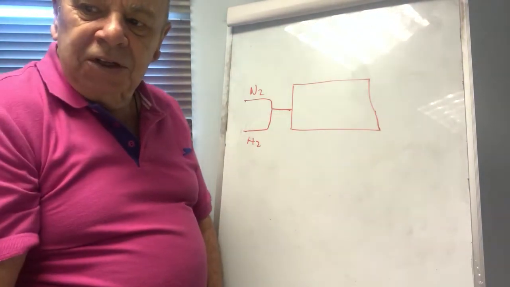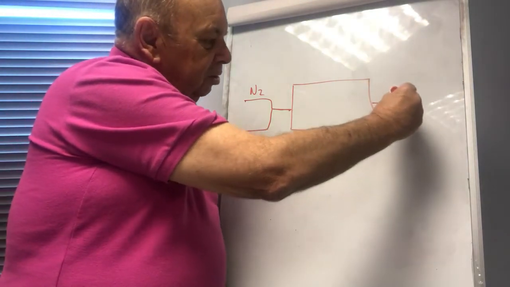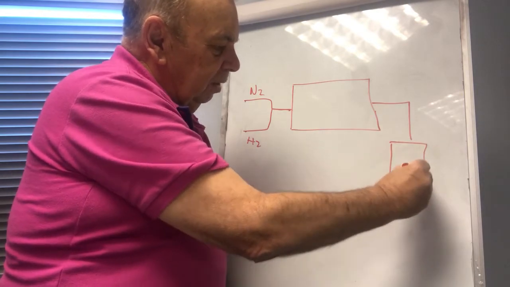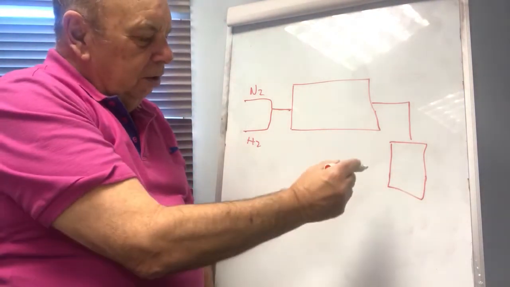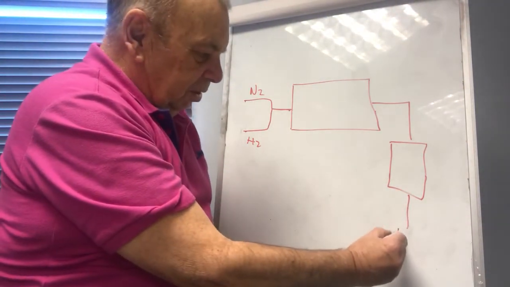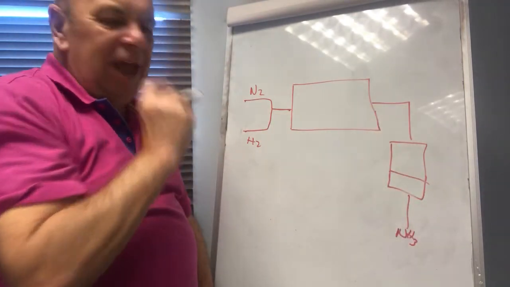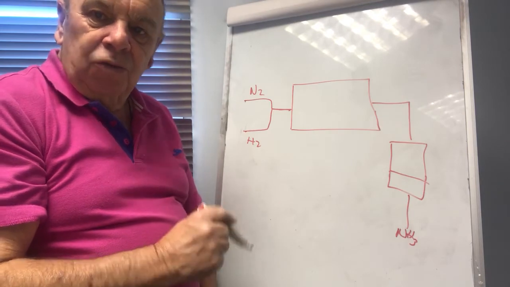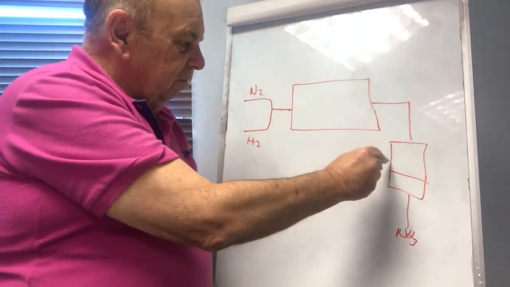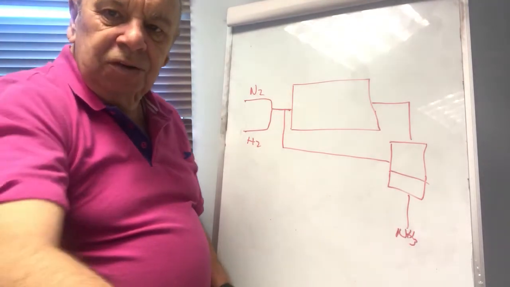I'll talk about the conditions later on, and the ammonia comes out and is placed into a cooling chamber, and from the cooling chamber it's run off, so that would be the NH3 comes off because it's been condensed, and any unreacted nitrogen and hydrogen is then fed back into the reaction chamber.